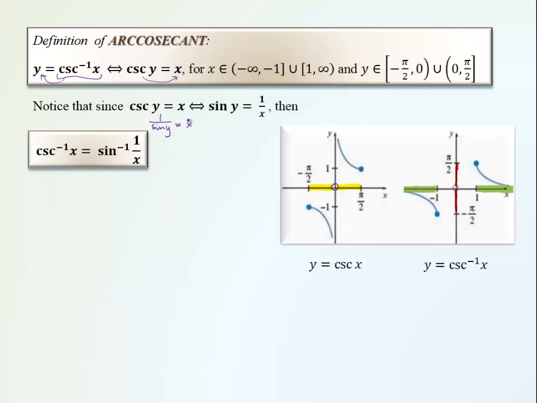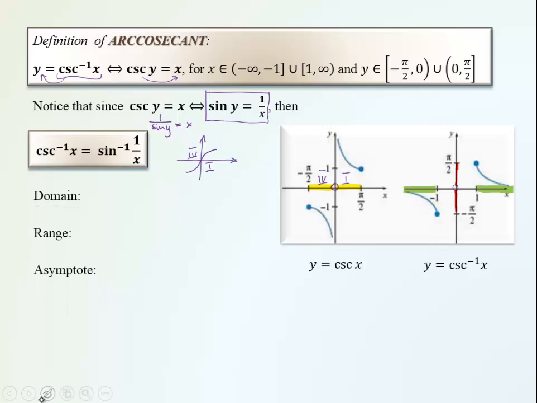So again, we just interchange x and cosecant y to get this equation. Therefore, the inverse cosecant can be found by just using inverse sine, but of the reciprocal of the input, 1 over x. And you can notice that in this case, similarly as with arcsecant, the restricted domain of sine is in the fourth and the first quadrant, which is exactly the same as the restricted domain of cosecant, the fourth and the first quadrant. So there is no problem here with shifting the branches.